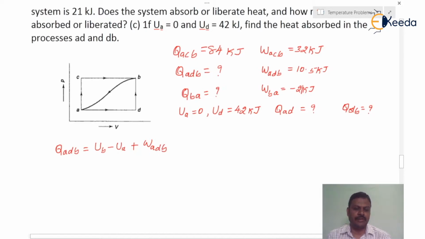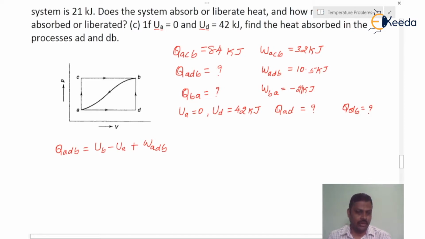This is the first law of thermodynamics applied to process ADB. So here we have WADB, that is 10.5 kilojoules. If we calculate UB minus UA, from that we can find out QADB.